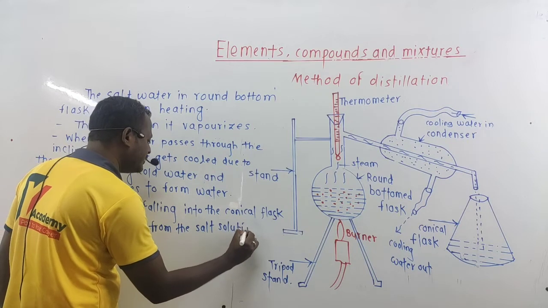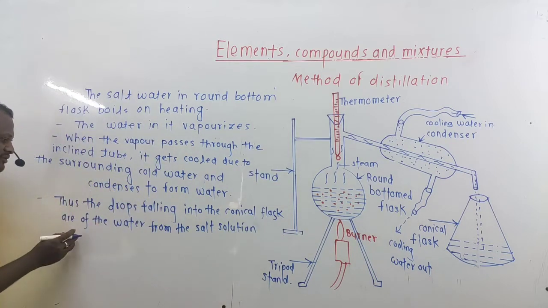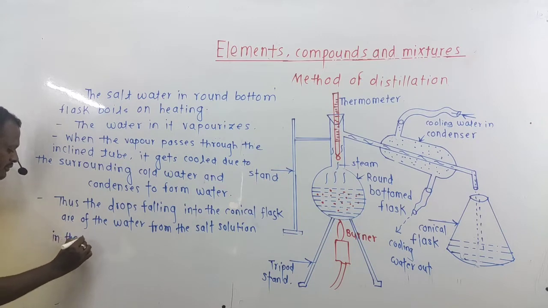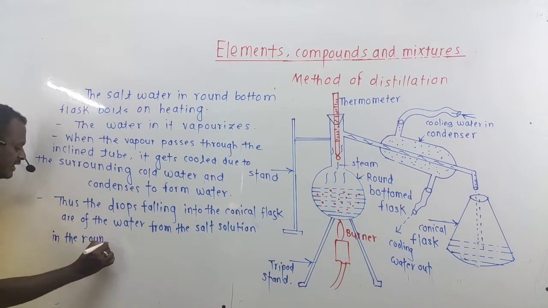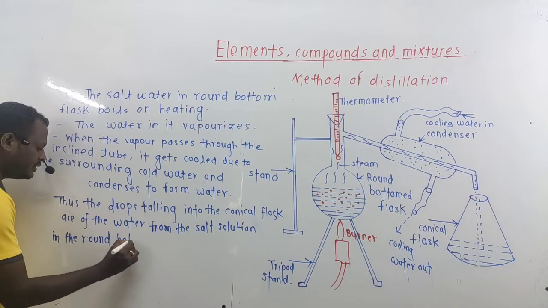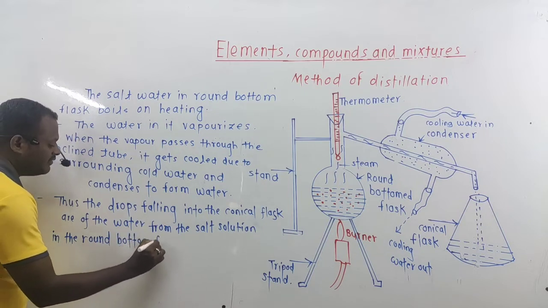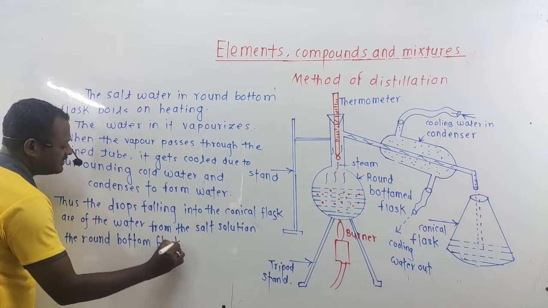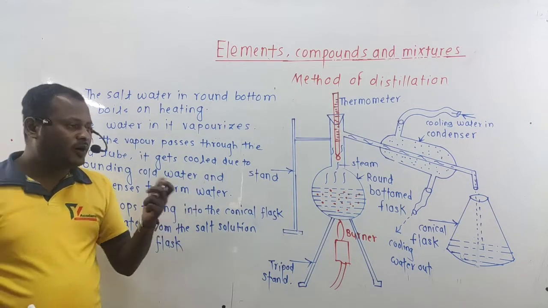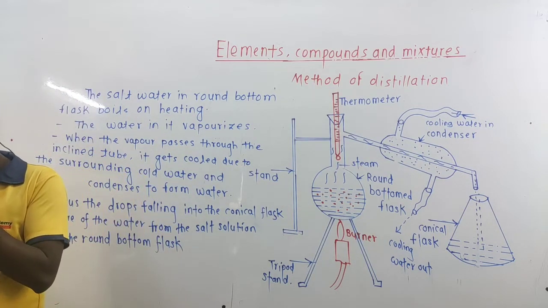आणि हे कशापासून मिळतात आपल्याला हे ड्रॉप्स? From the salt solution in the round bottom flask. जे की कशामध्ये असतं साल्ट सोल्युशन? राउंड बॉटम फ्लास्क मध्ये असतं. ठीक आहे.